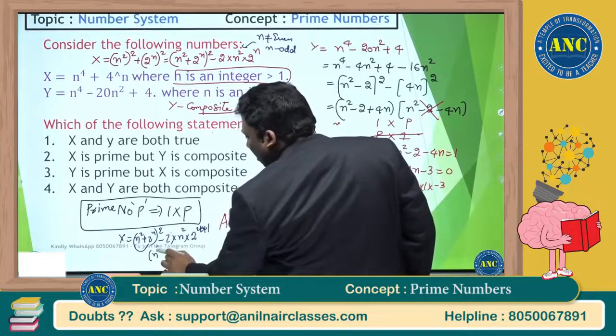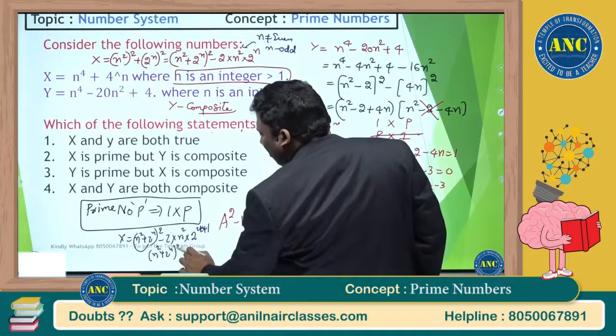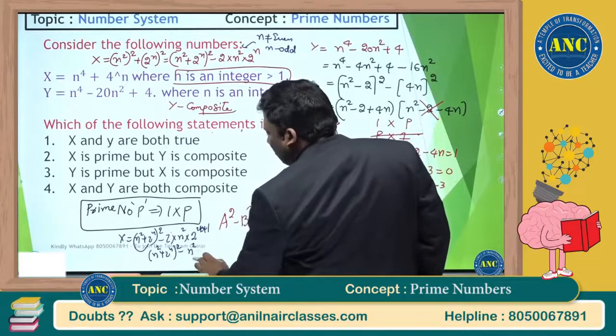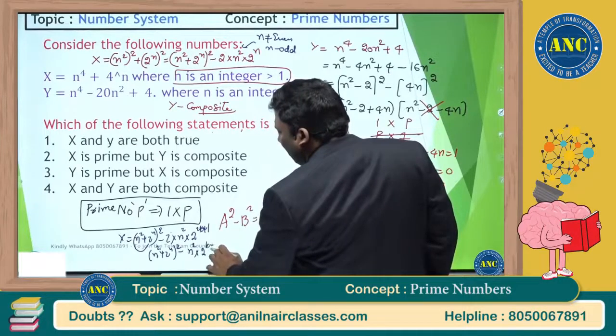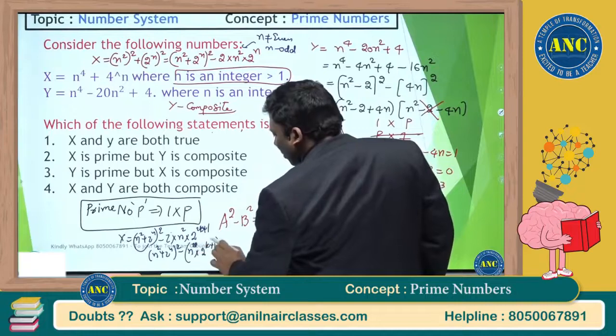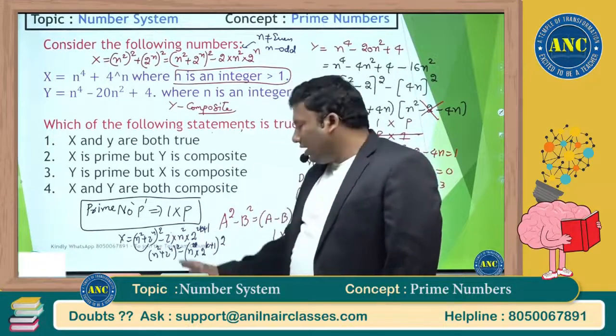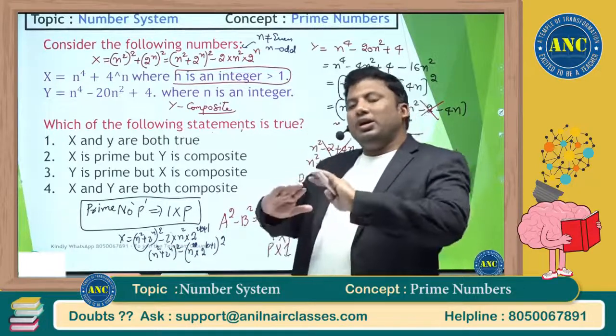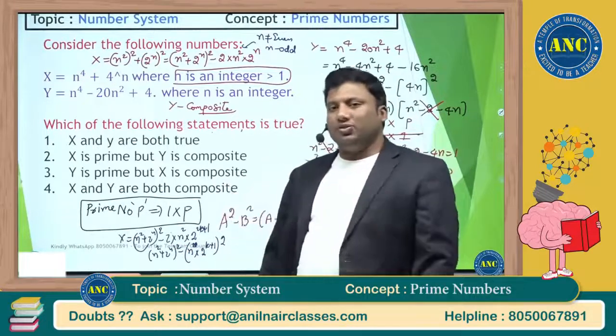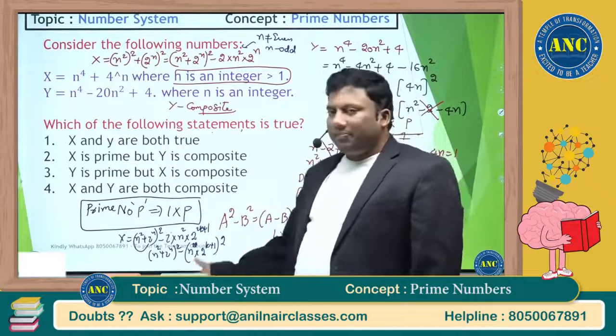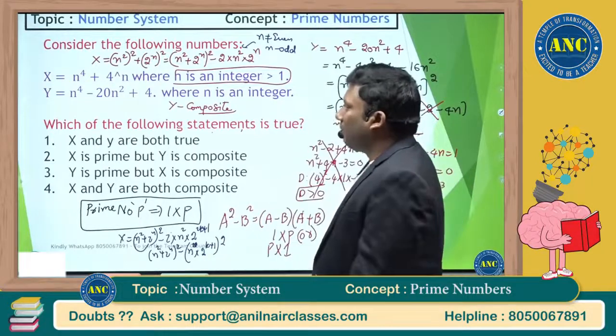That means (n square plus 2 power n) whole square minus n square into 2 power k plus 1 whole square. Yes or no? Here n I will change it. A square minus b square, put it as a minus b into a plus b. Equate it with 1. It will not be possible.